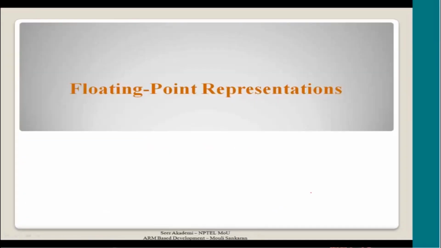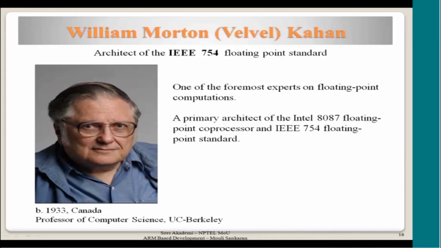Now let me come to floating point representation, which is the standardized notation of IEEE 754. He is the person who invented this notation. We should really feel happy for his invention, because we are able to solve all the scientific problems using computers because of this notation, and he is the person behind the invention of Intel 8087.